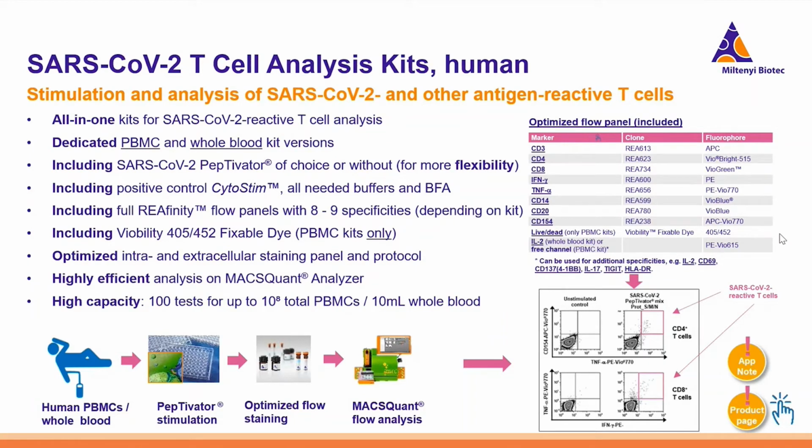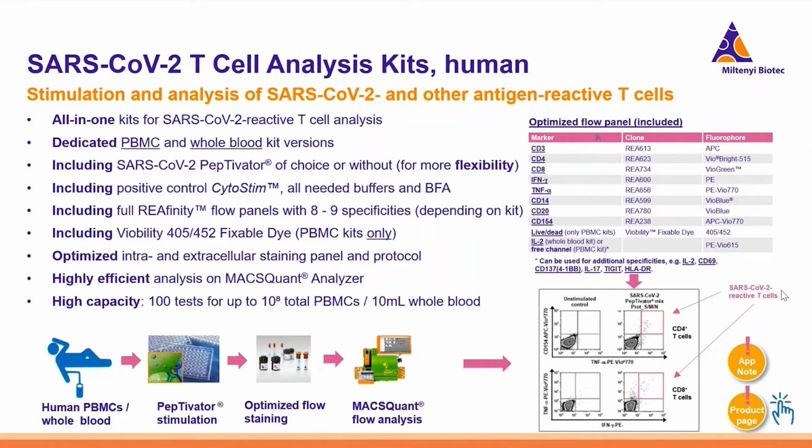Depending on the version, the kits include a SARS-CoV-2 Peptivator of choice, as well as the whole SARS-CoV-2 T-cell flow panel consisting of 8 to 9 REAfinity Recombinant Antibodies. Moreover, all needed buffers and controls are included, such as the positive control Cytostim and, if needed, the live/dead marker Viability Fixable Dye.